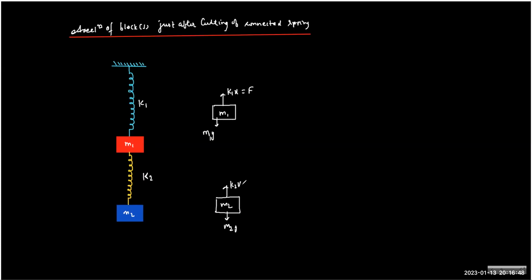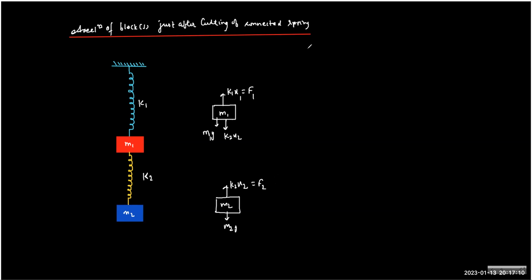So it is K2 X2. And because the spring force is an action-reaction pair, it will also pull it. If the lower spring is pulling M2, it will also pull M1, right? So let's say this is F1, this is F2.